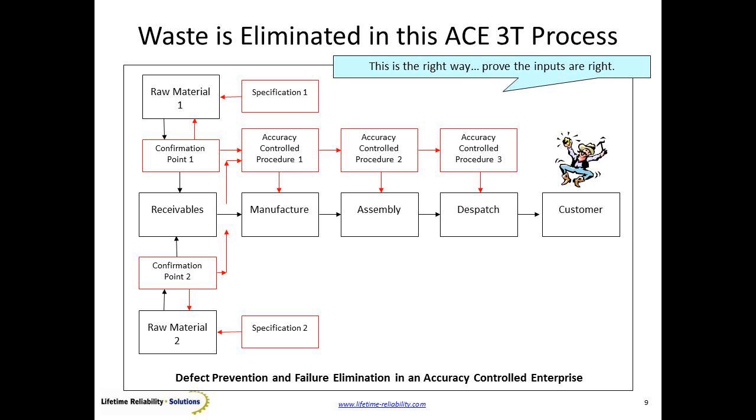What we want to do is, as we are doing that activity, have accuracy controlled procedures where the person checks, using the 3 T's: target, tolerance, test, testing as simply as possible that everything is being done right. So I don't need an inspection at the end because the inspection is done as the work is being done.